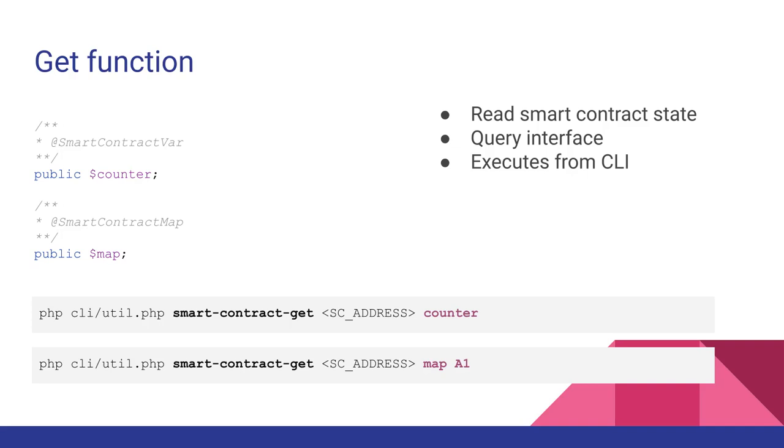For reading simple values, this function is called with the name of the field and returns its value. For reading map fields, in order to reduce the response, there are some restrictions. The function must be called with name and key parameters. Name is the name of the map where data is stored, and key is the key in that map. Especially, if the function is called without a key, it will return the count of elements in the map.